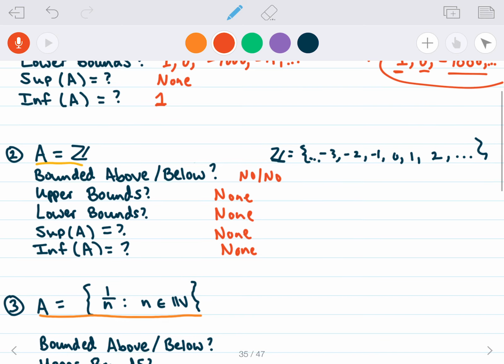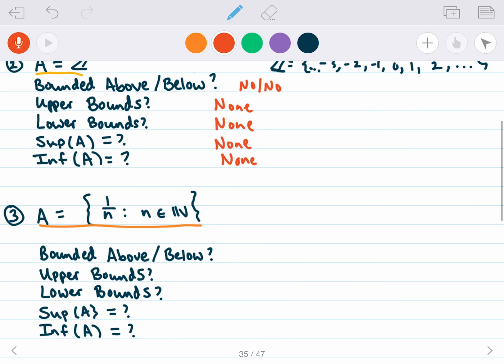What about this set? Okay, so our set is 1 over n, where n is a natural number. So it might help to just list out what this is. If we let n run through the natural numbers, 1 over 1 is 1, 1 over 2 is a half, etc. Okay, so is this set bounded above or below?